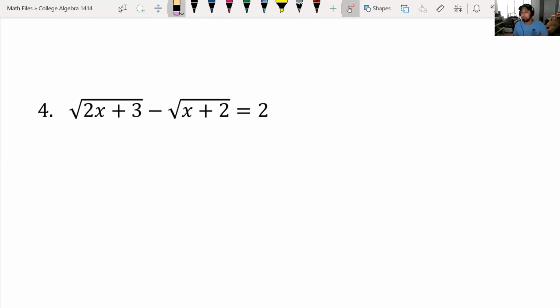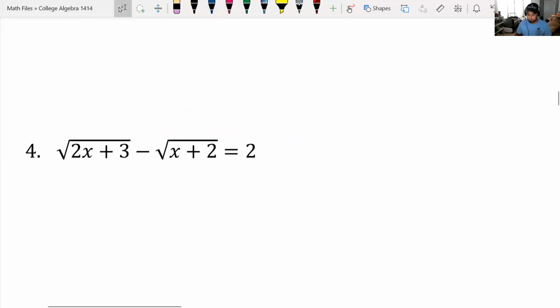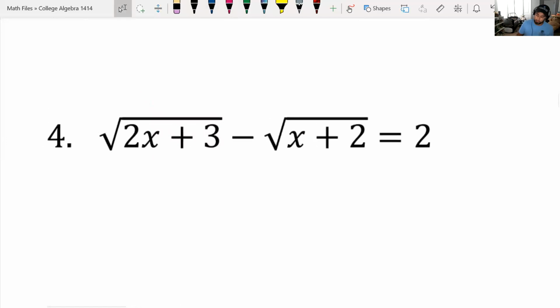With that being said, with our new method, we're going to take negative square root of x plus 2 and add it to the right side. Yes, you can add that whole radical to the right side. So our next rewrite is going to look like, probably want to write small, let's see, or just enlarge it there. There we go.